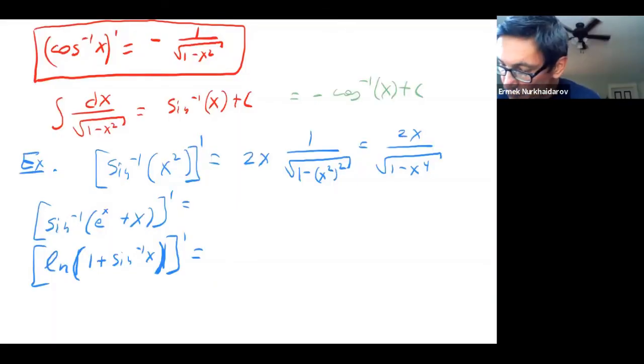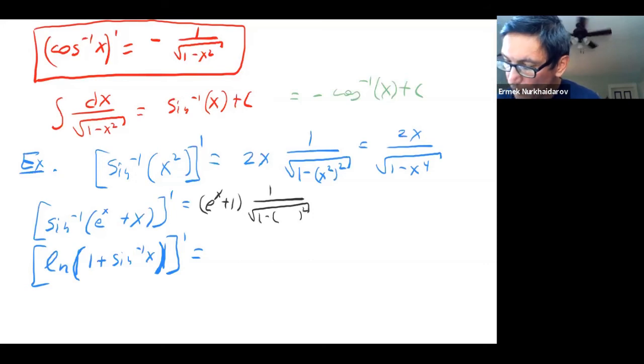The inside function for the first one is e to the x plus x, so its derivative is e to the x plus 1. Derivative of sine inverse is 1 over square root of 1 minus that thing squared, and that thing, in our case, is e to the x plus x. Essentially, that's your answer.